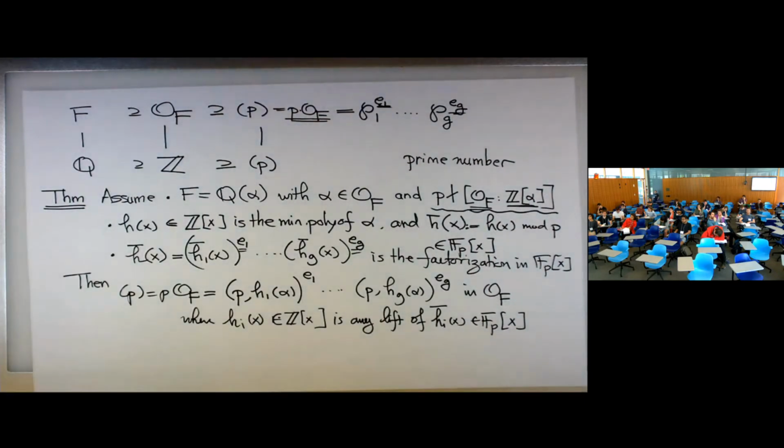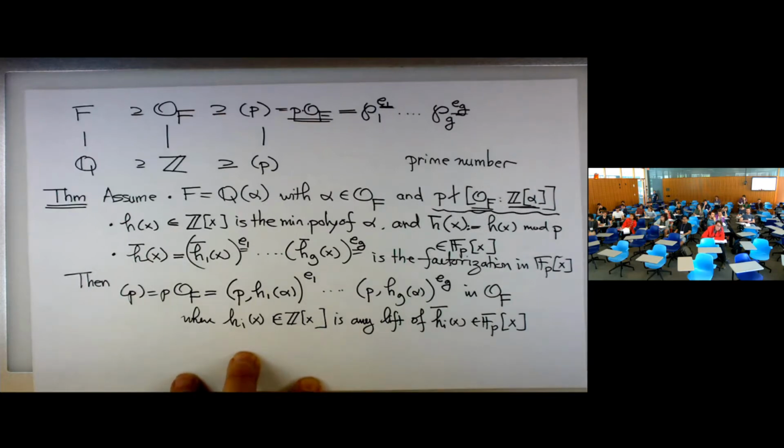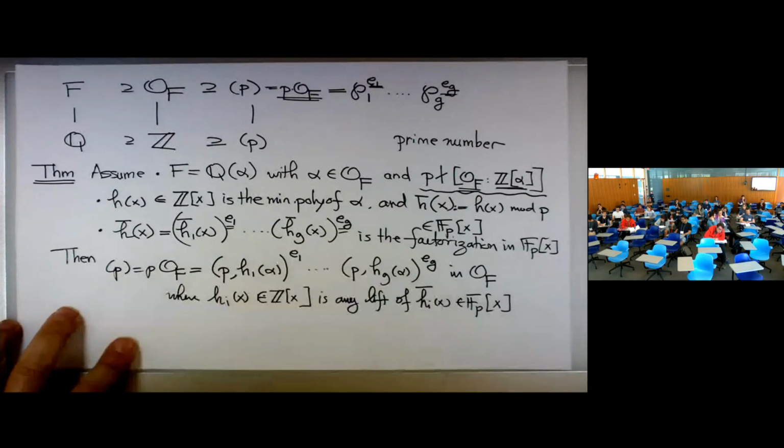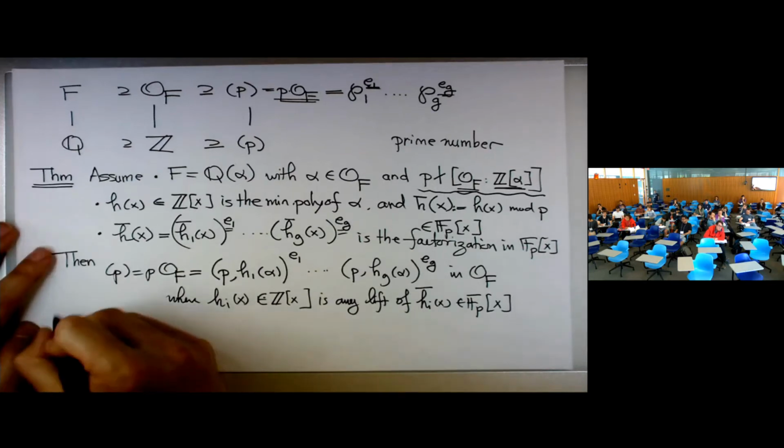What the last line means is that you have this polynomial where coefficients live in Fp, but of course you want to write something in integers to represent that. So this Hi will be some way of representing that. So that's a factorization.